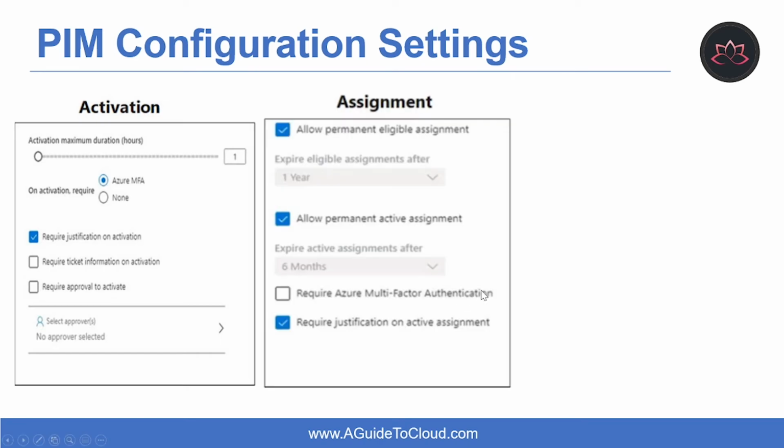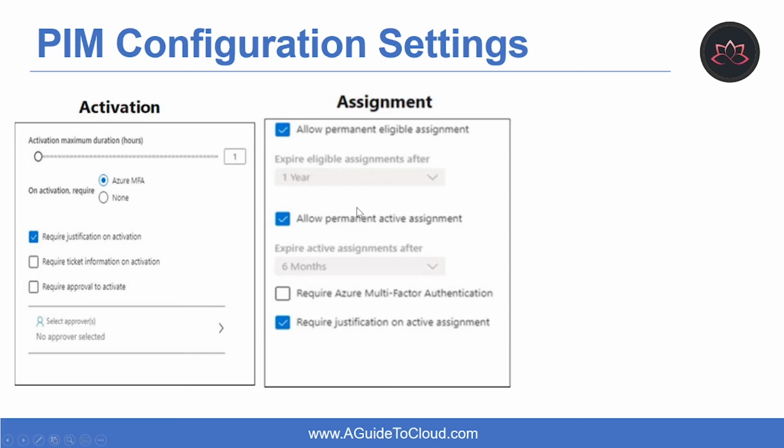Let's look at the next settings, which is all about assignment. Under assignment, there are 2 important settings. The first one is allow permanent eligible assignment. Global admins and privileged role admins can enter permanent eligible assignment. They can also require that all eligible assignments have a specified start and end date.